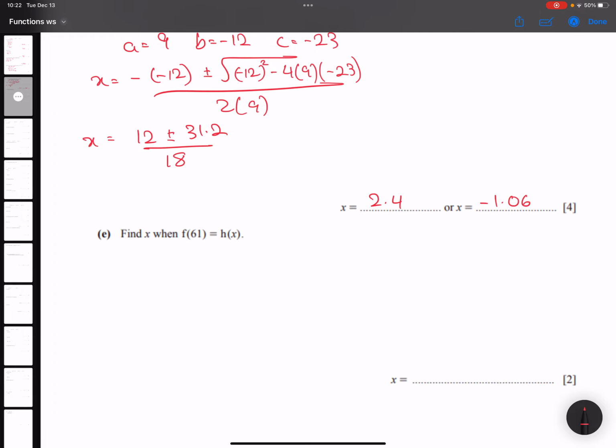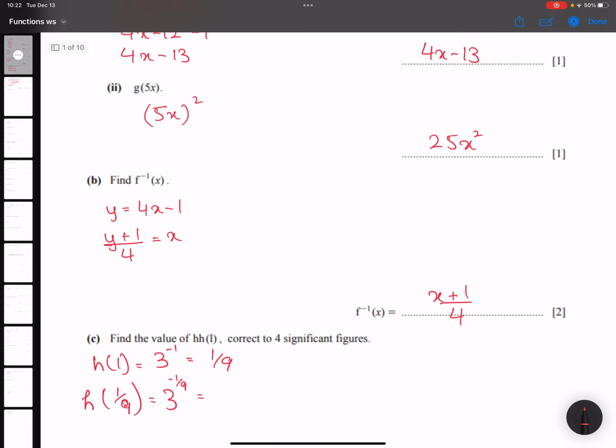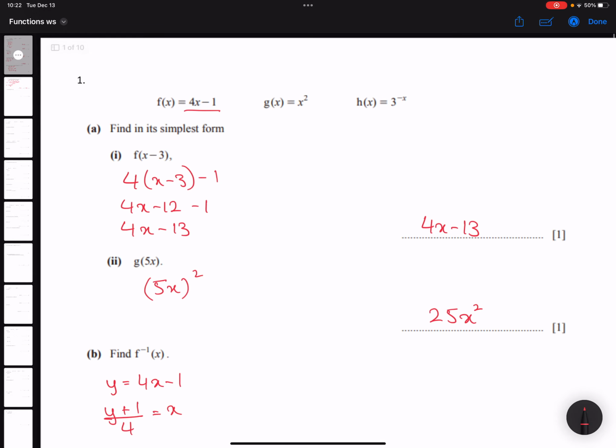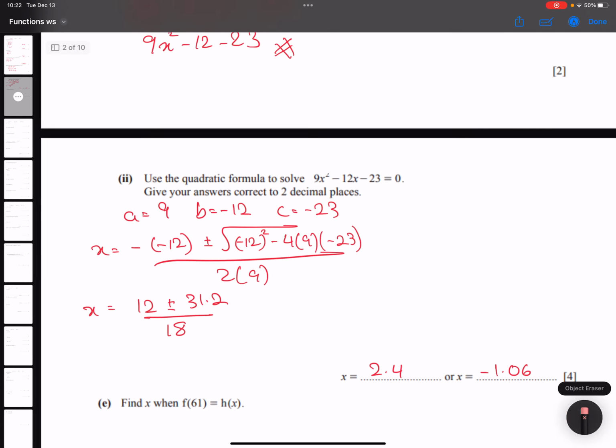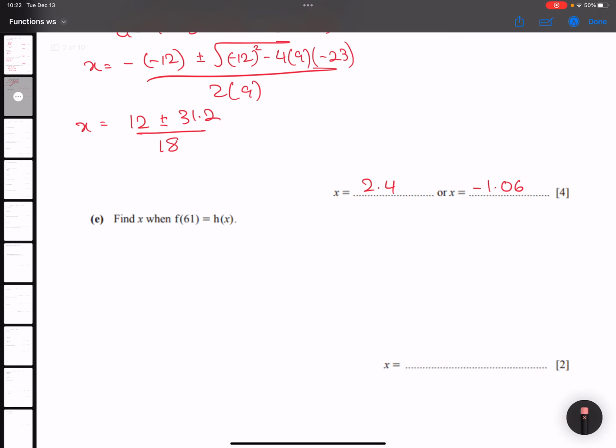Find x when f of 61 equals h of x. So f of 61, back to the function f. So 4x minus 1, which is going to be 4 times 61 minus 1 equals 3 to the negative x. 4 times 61 minus 1 is 243.